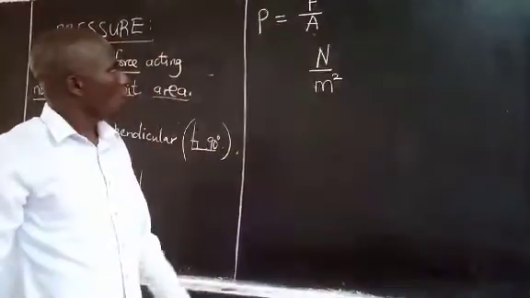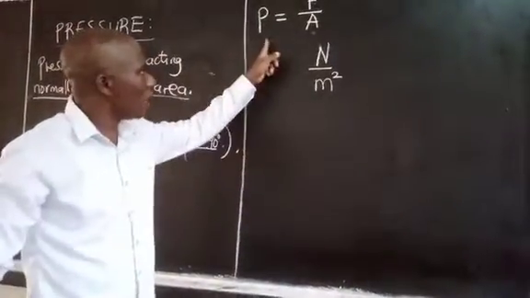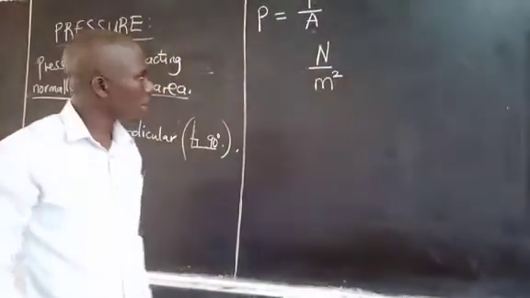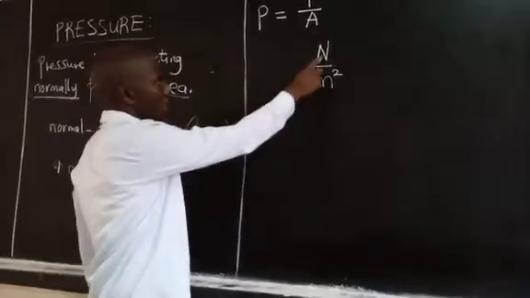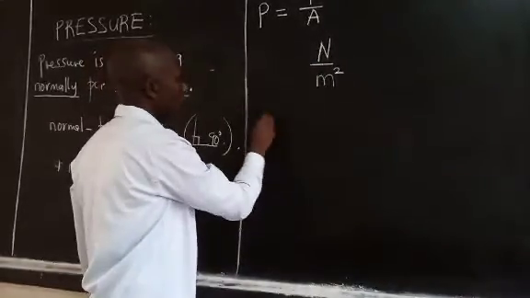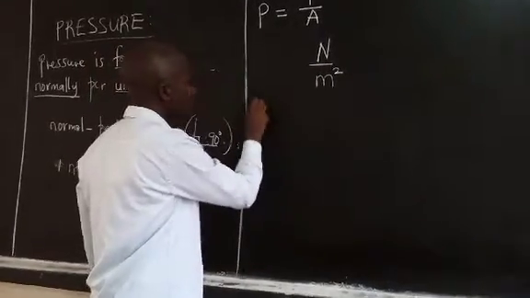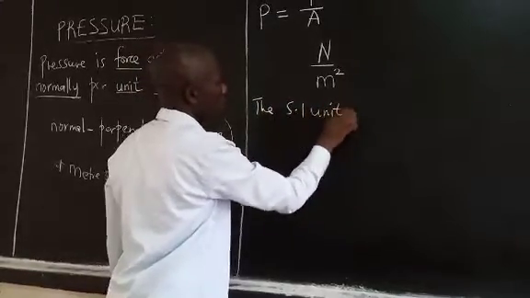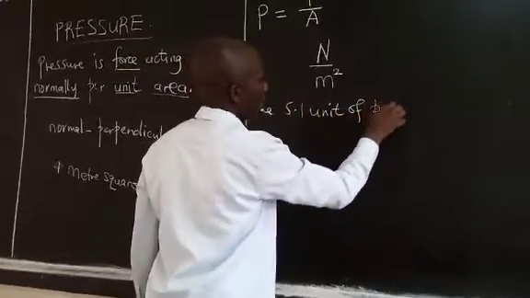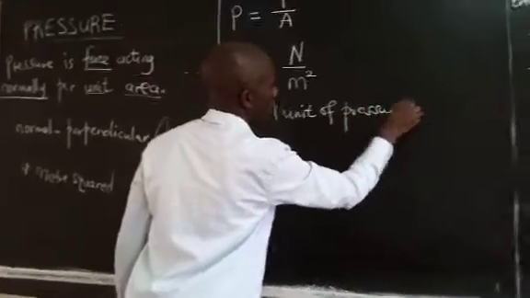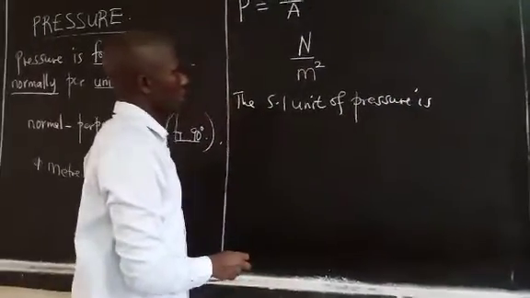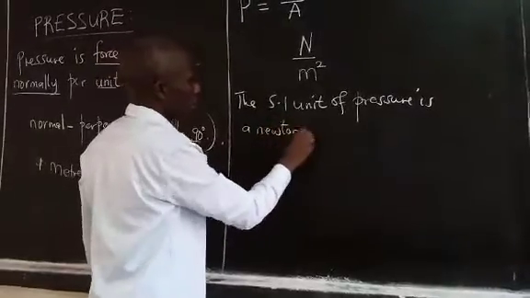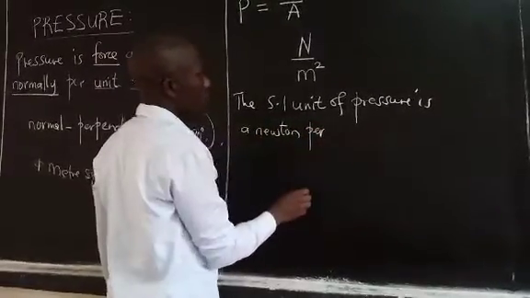So therefore, what is the SI unit of pressure, which comes from the units of force and that of area? Therefore, the SI unit of pressure is a Newton per meter squared.